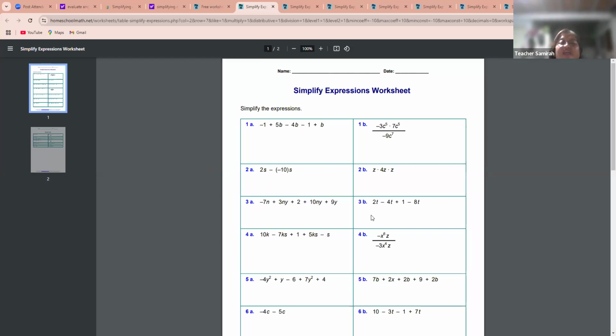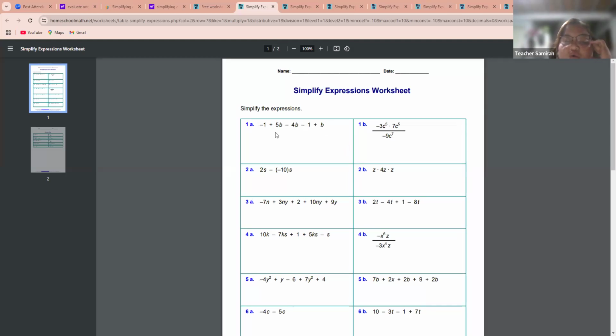What would be our final answer? What would be your final answer? Negative 1 plus 5b minus 4b minus 1 plus b.